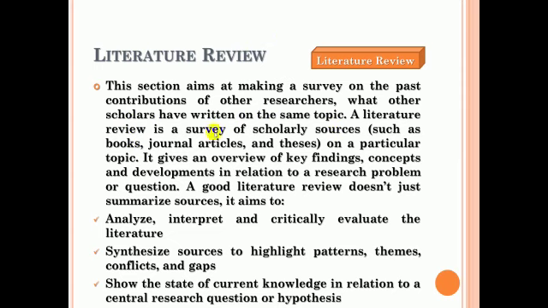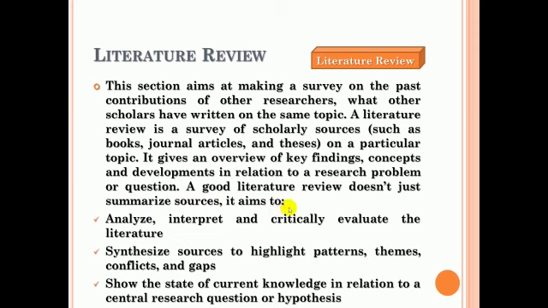A literature review is a survey of scholarly sources, such as books, journal articles, and theses, on a particular topic. It gives an overview of key findings, concepts, and developments in relation to a research problem or question. A good literature review, here they give us a criteria for a good literature review: it doesn't just summarize sources.